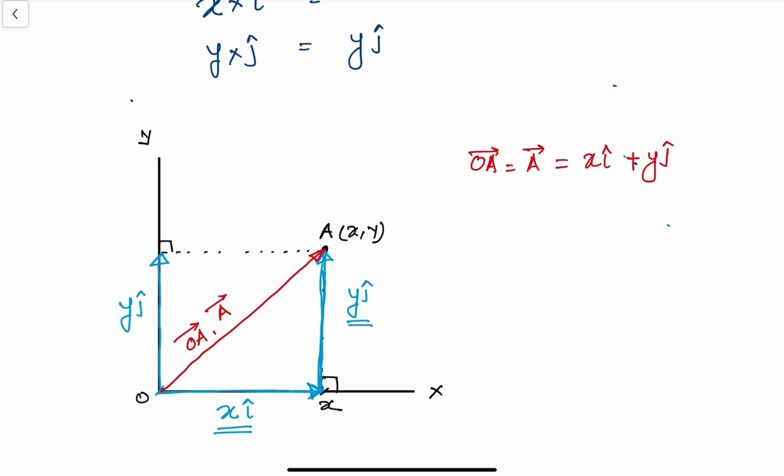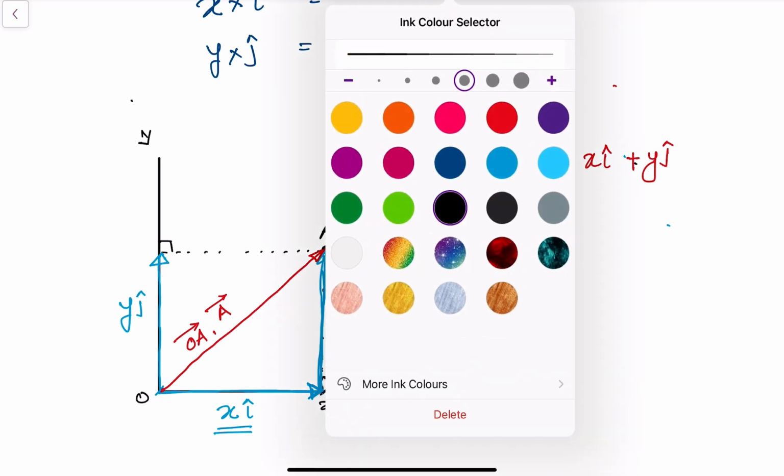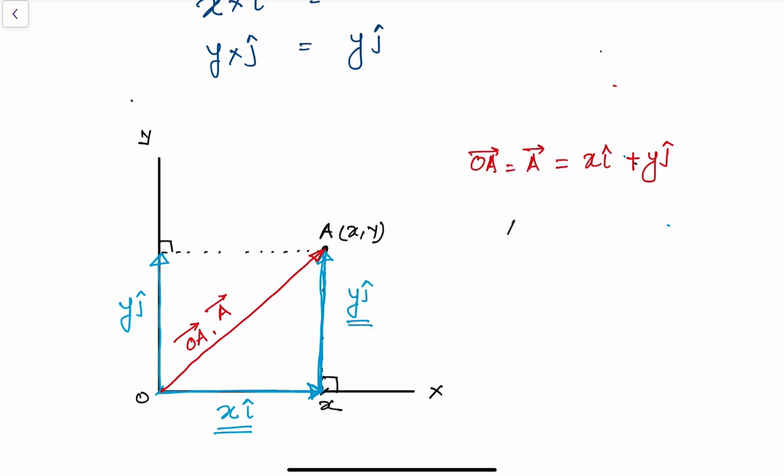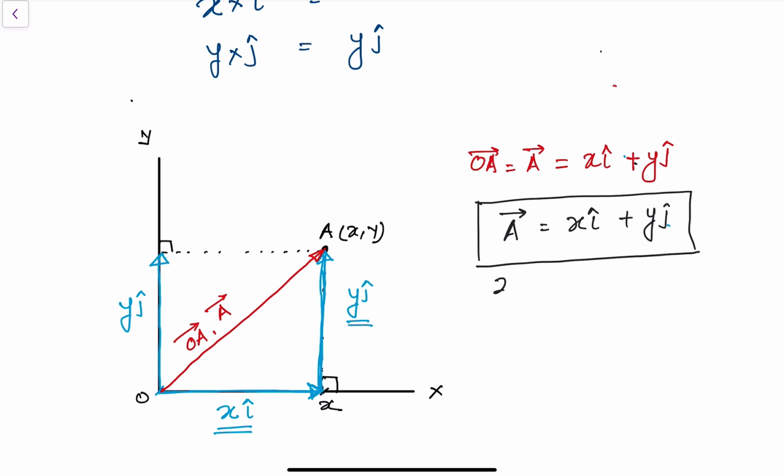So this is how you represent a vector in Cartesian coordinate system. We have a vector A, which can now be written as x I cap plus y j cap. So this is how you represent a vector in a two-dimensional coordinate system.